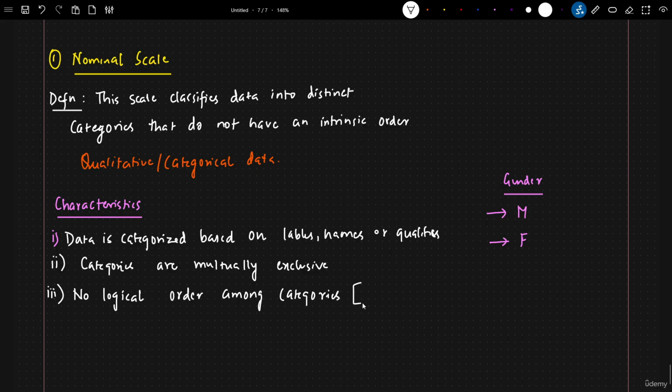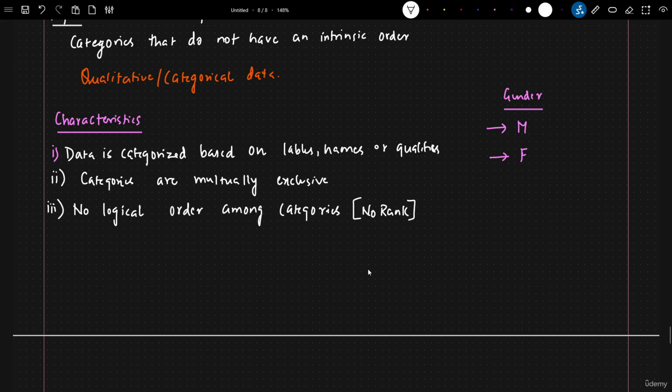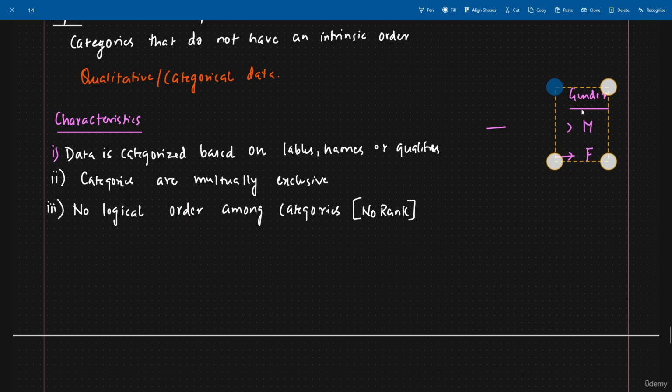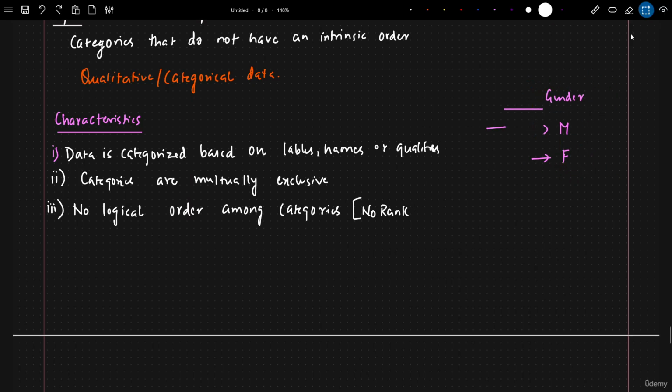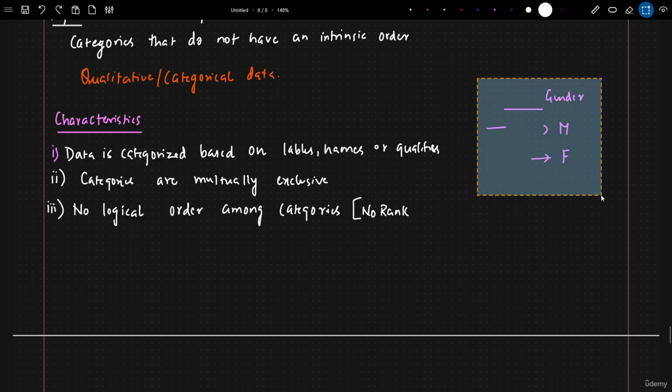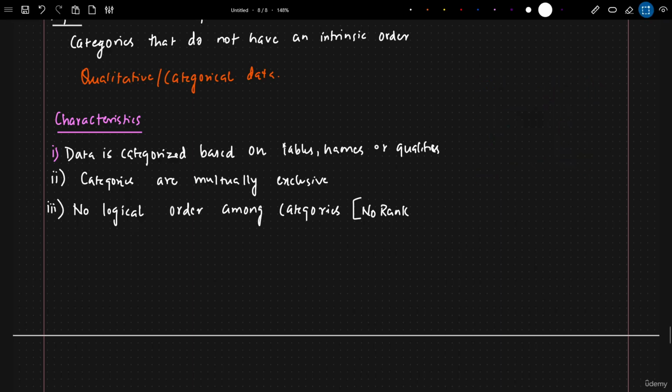That basically means there is no rank; rank or ordering is specifically not there. Now let's see some good examples.